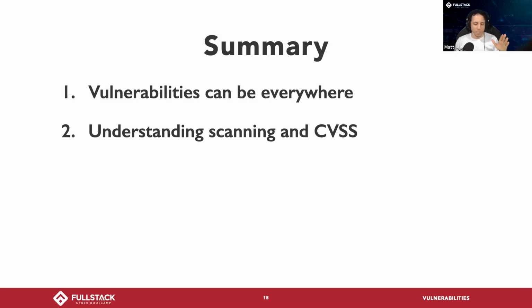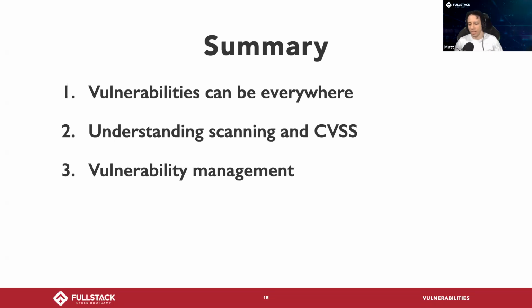We're going to have our asset list. We're going to point our scanning software at it, and then we're going to take a look at the information that comes out of it. Generally, we're going to be looking at CVSS scores and using the context we know of our organization, deciding what to do with this information, right? Doing the actual vulnerability management part. What do we do? Okay.